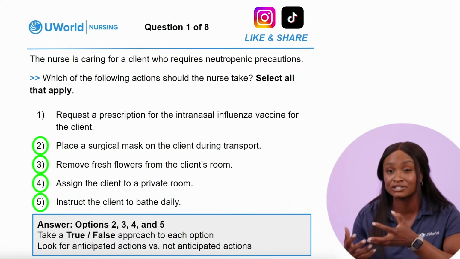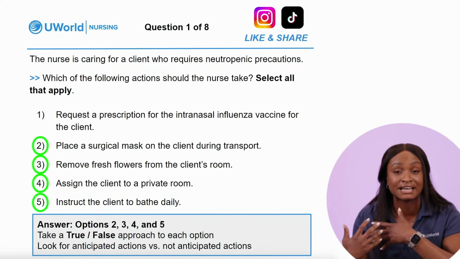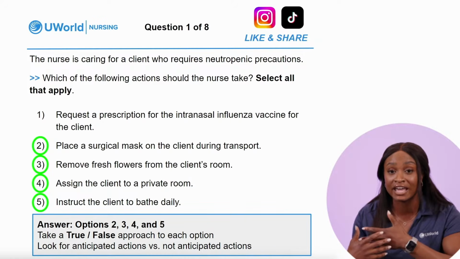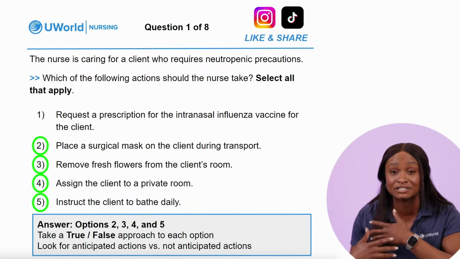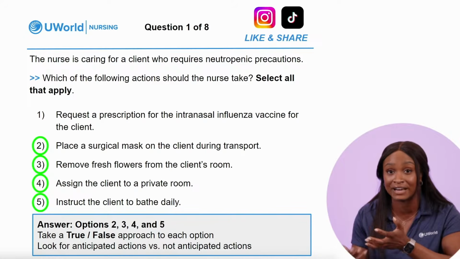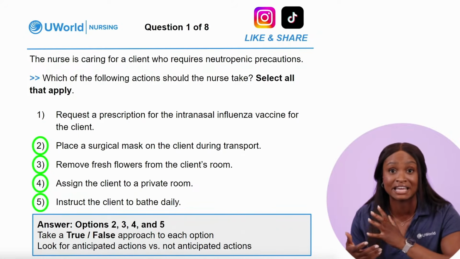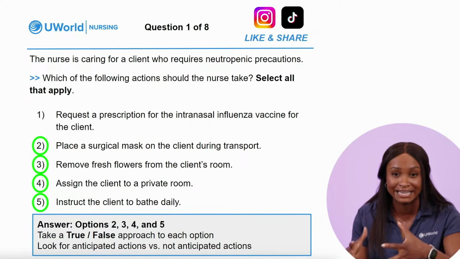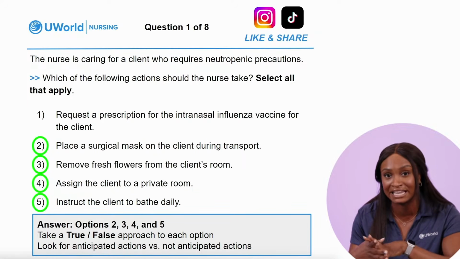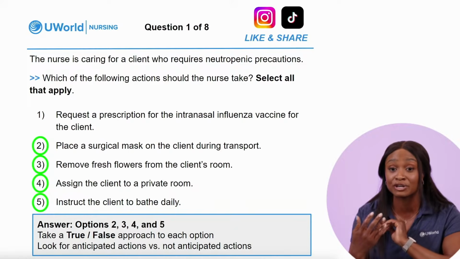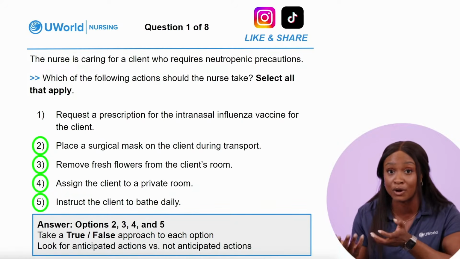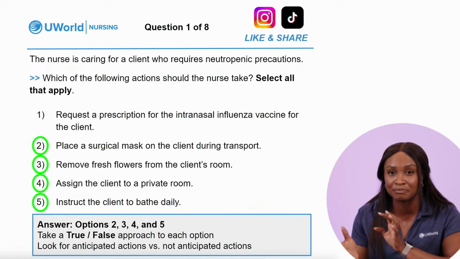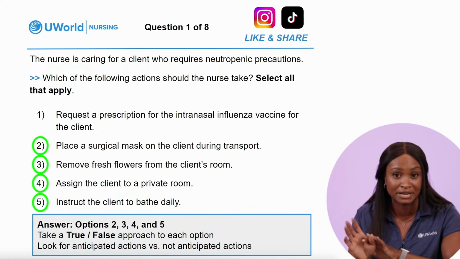White blood cells are very important because they are the ones that fight infection. If they don't have those blood cells to fight infections, they get infected and sick very easily, and they can get very sick. So we want to have them in a clean environment to prevent infections. We're looking for answer choices that will help promote a clean, infection-preventing environment.